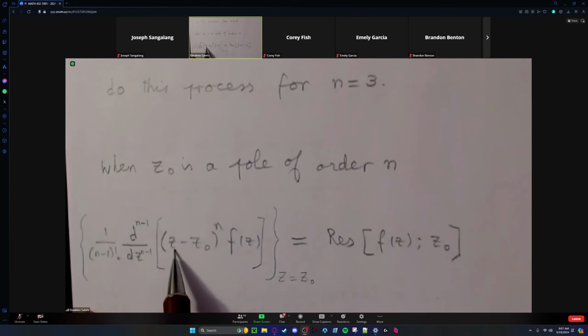You multiply by z minus z naught to the n, and you need to take the derivative n minus 1 times to get to the coefficient of 1 over z minus z naught. So this is the formula for a pole of order n. Any comment, any question?